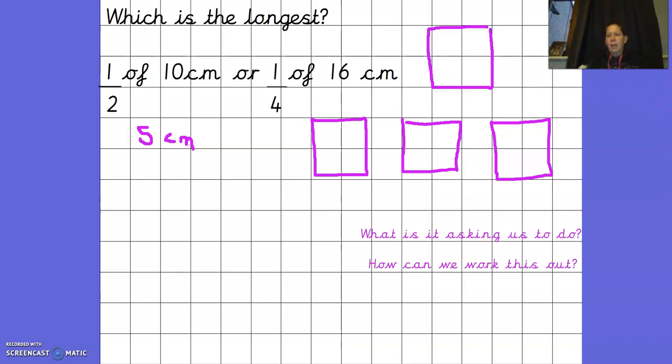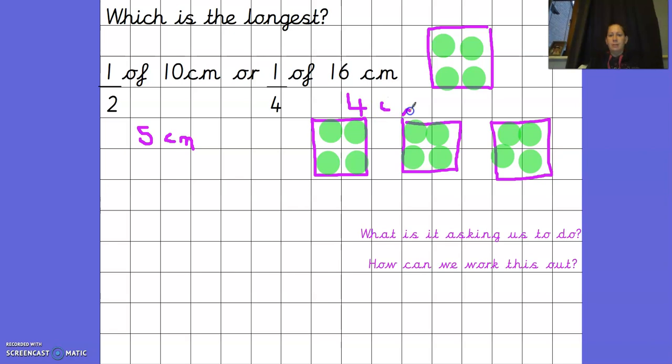Okay, and then I'm going to share out my 16. 1, 2, 3, 4, 5, 6, 7, 8, 9, 10, 11, 12, 13, 14, 15, 16. Okay, so then a quarter of 16 is 4. Don't forget, it's going to be 4 centimetres. There's my 4, and there's my centimetres.